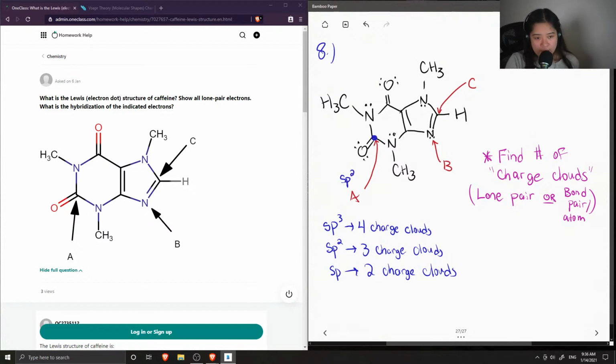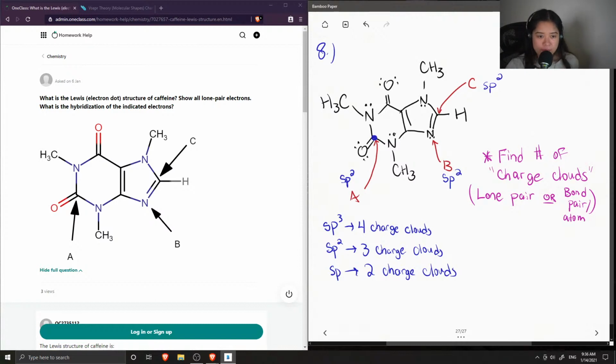Now let's look at B. This is our nitrogen. It has 1 lone pair and 2 bonded atoms. So that means it has 3 charge clouds as well, and it will also be sp2. And lastly, this carbon contains 3 bonded atoms to 2 nitrogens and a hydrogen. So C is also sp2.